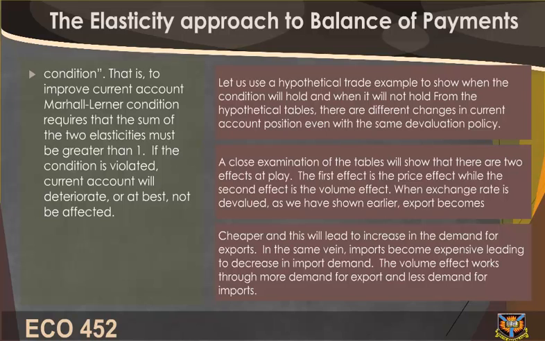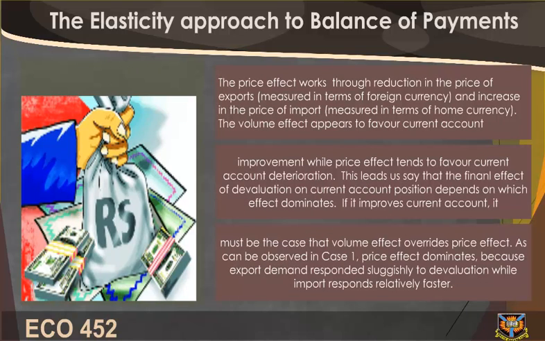When the exchange rate is devalued, as we have shown earlier, export becomes cheaper and this will lead to an increase in the demand for exports. In the same vein, imports become expensive, leading to a decrease in import demand. The volume effect works through more demand for export and less demand for imports. The price effect works through a reduction in the price of export measured in terms of foreign currencies, and an increase in the price of import measured in terms of home currency.